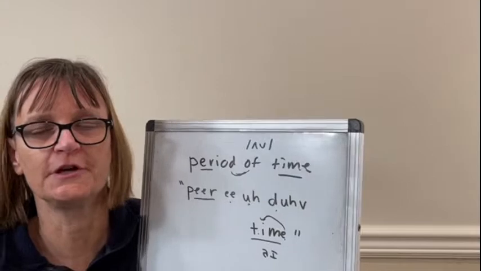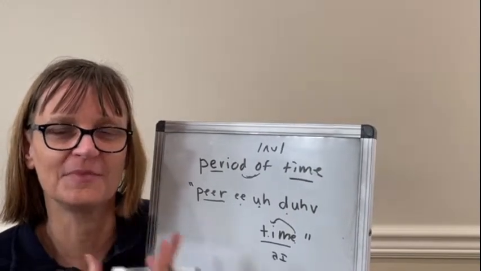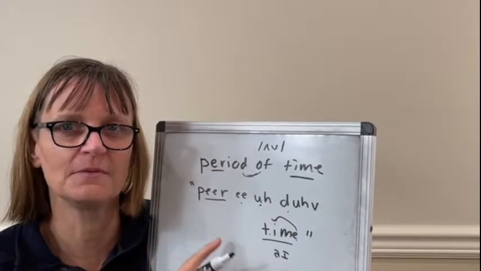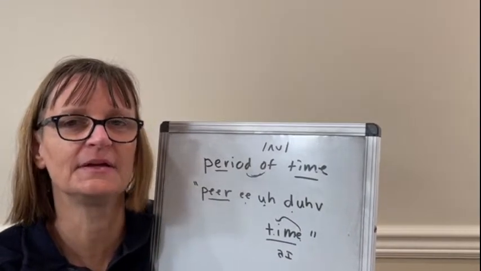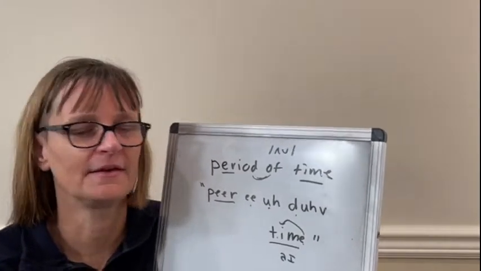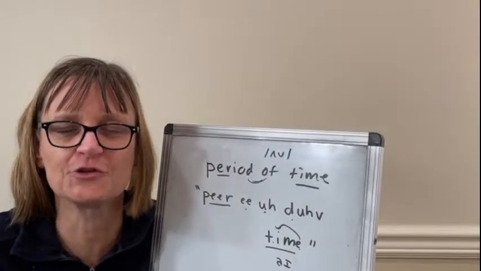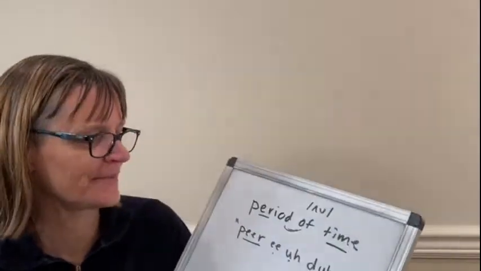Just go take it slow, break it down syllable by syllable, and then try to speed it back up. Keep the length relative, like period of time, period of time, period of time. I think that rhythm is often quite important in sounding natural when you're pronouncing a phrase like that.